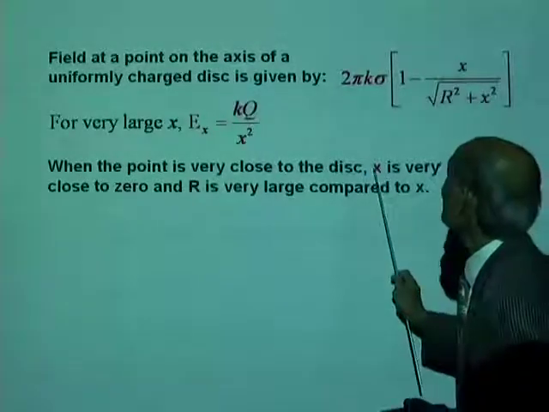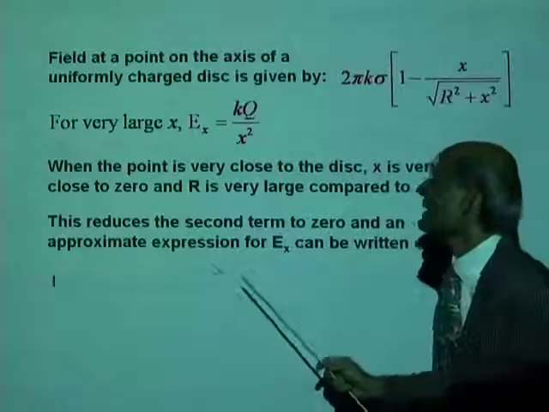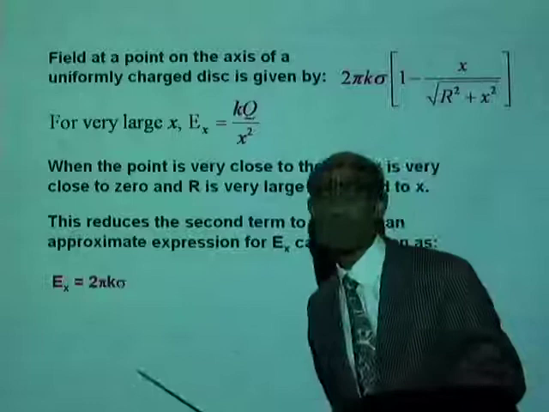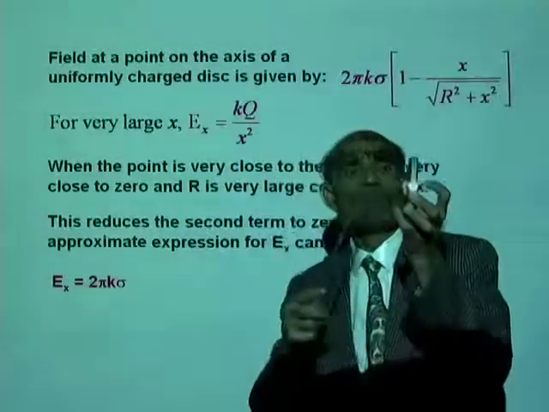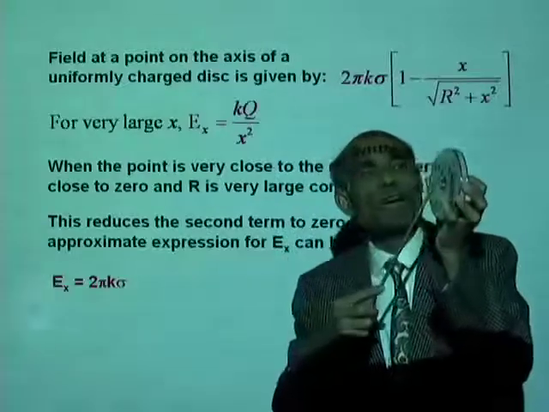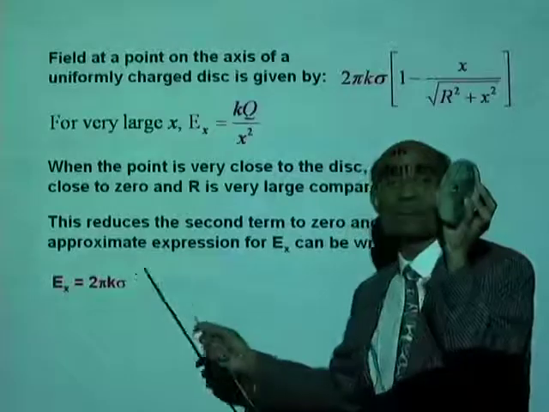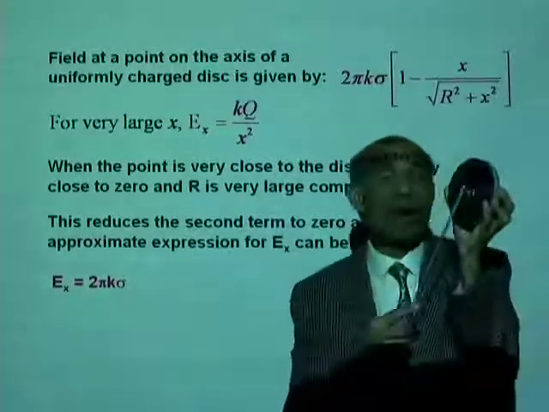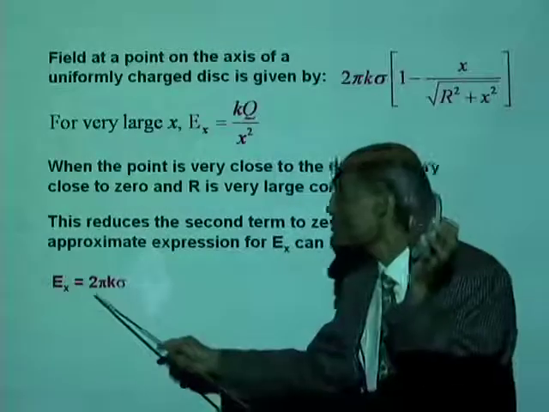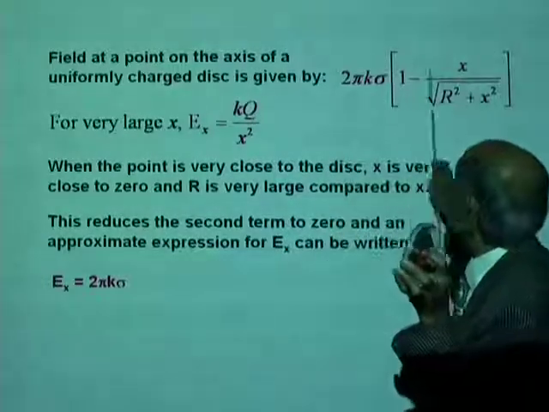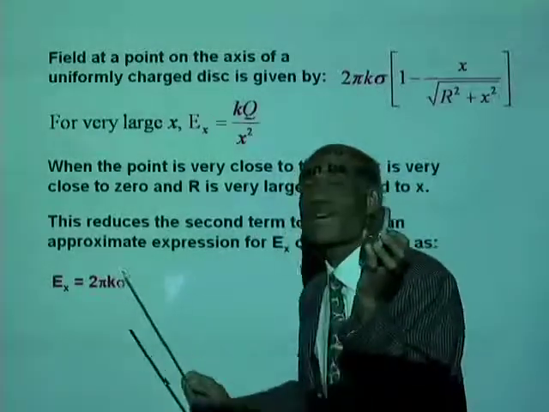So when x is very small, that expression will reduce to 2 pi k sigma. I want you to remember that. The electric field very close to a charged disk is 2 pi k sigma. When x is very small compared to the radius of the disk, that part will become 0, and the electric field will be given by 2 pi k sigma.